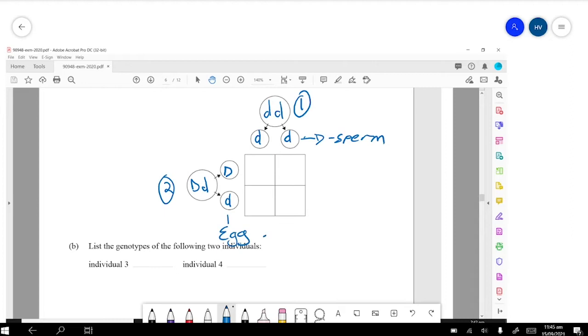So when you look at that, she will give a capital D to one of her eggs and a little d to the other. So we take this D, and because it's from the mom, let's give it a different color. Then we bring down the dad. He can only give little d's. And then bring the mom's little d across.